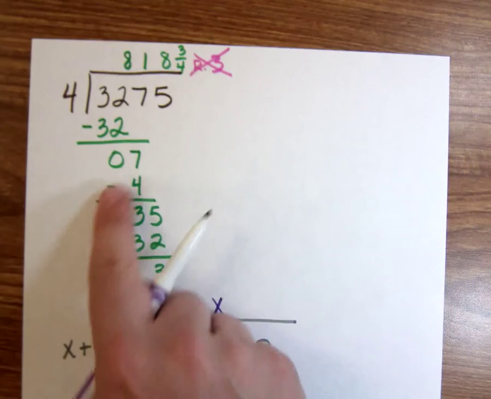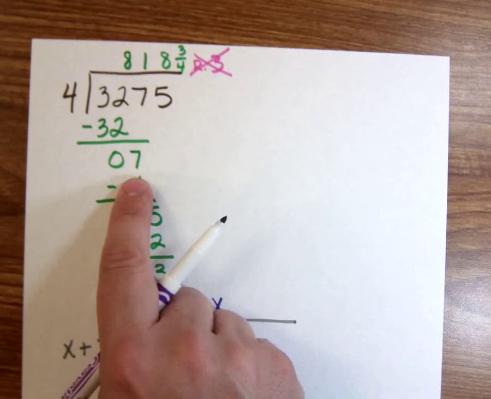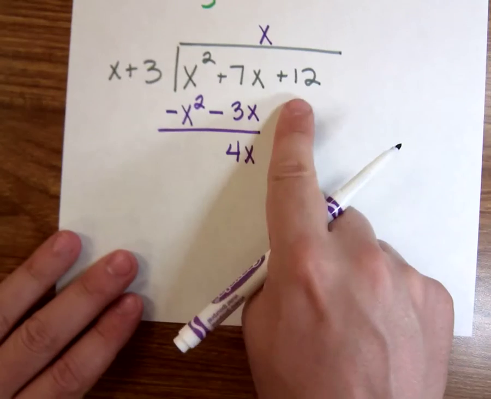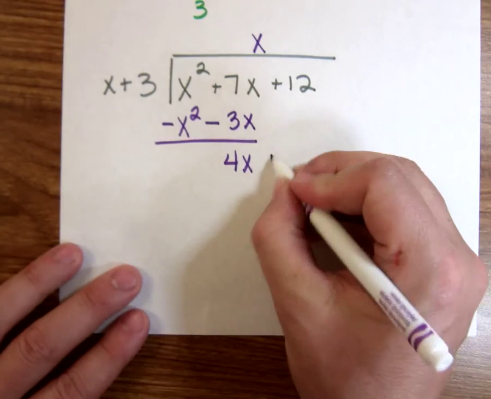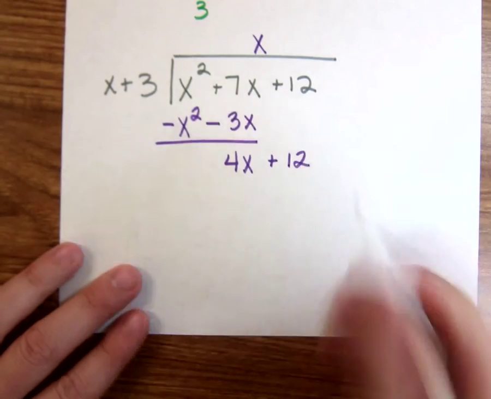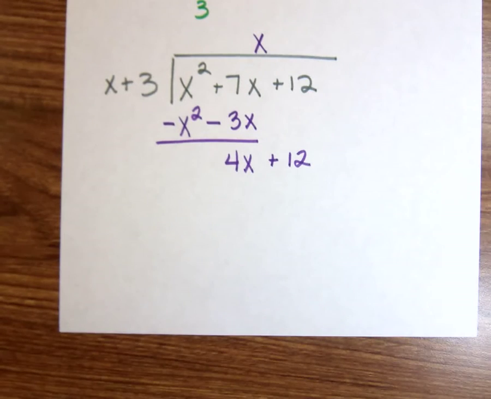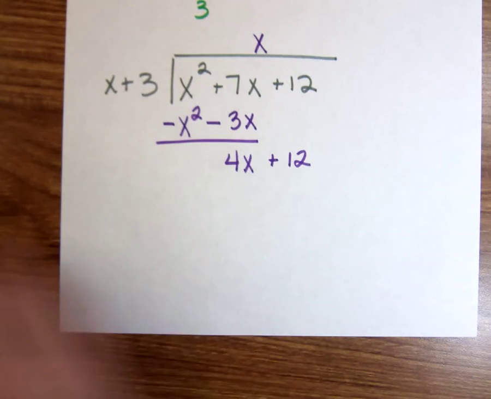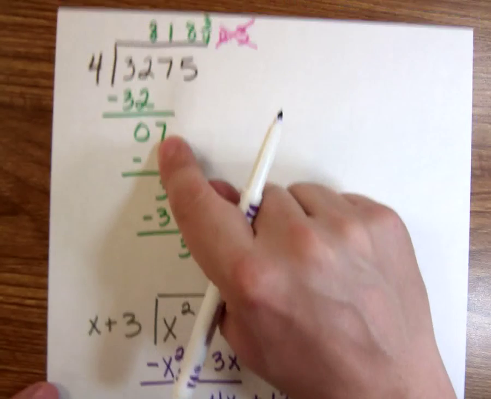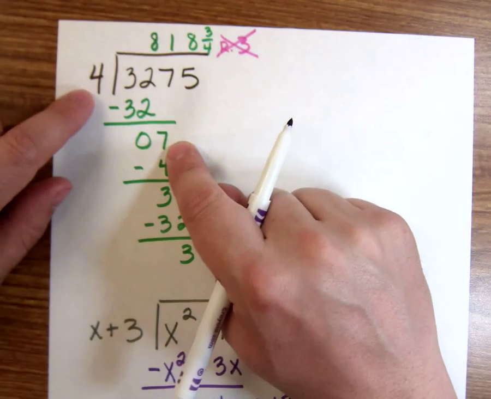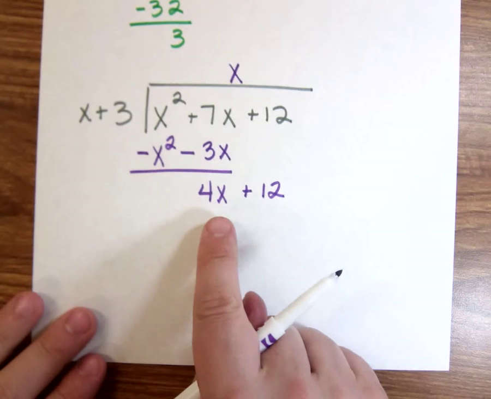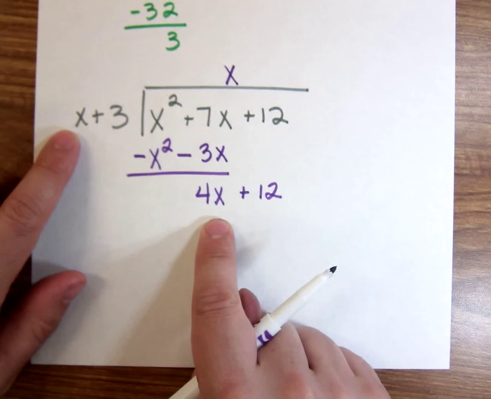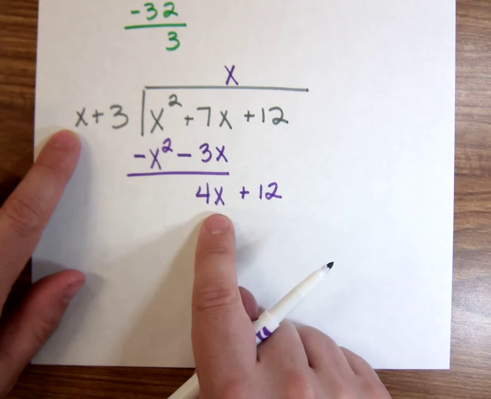Okay, after we subtracted, what was our next step? Brought down the 7, brought down the next thing. So here we're going to bring down the plus 12. After we brought down the 7, what did we do? Well, we did 7 divided by 4, right? So that's what we're going to do next. 4x divided by x is 4. Yeah, 4x divided by x is 4.